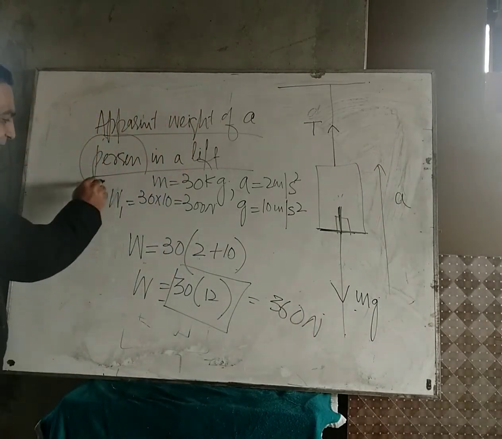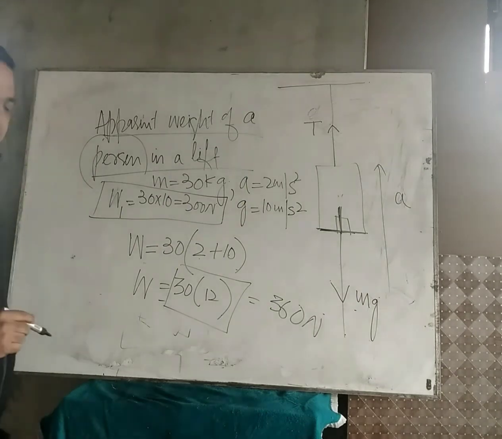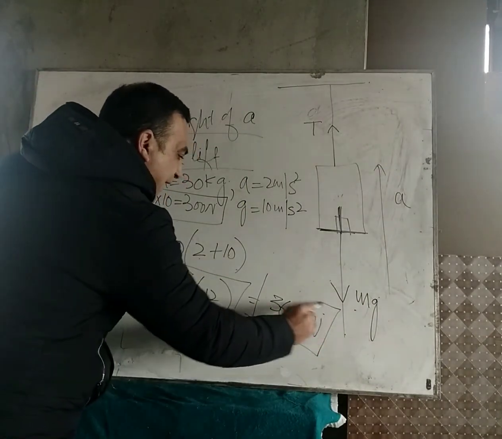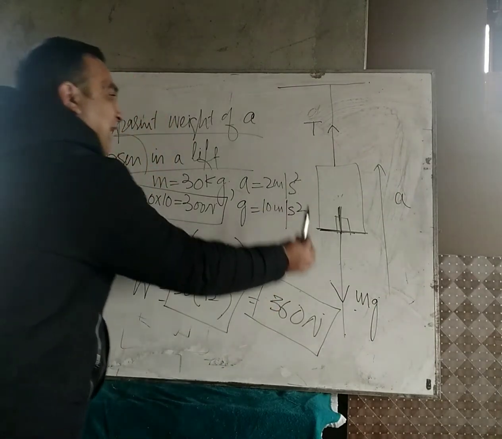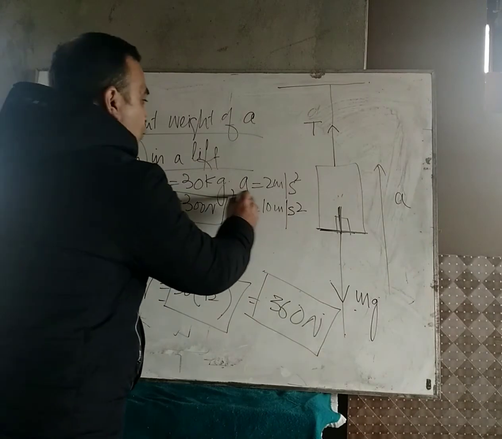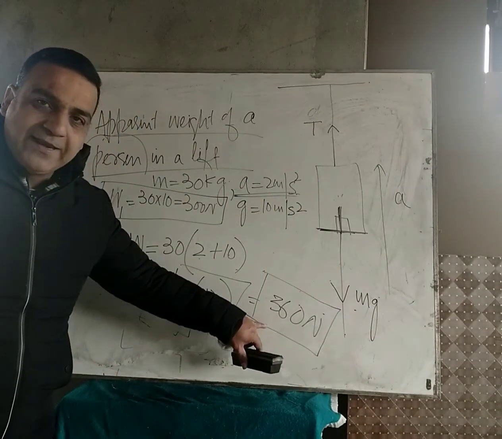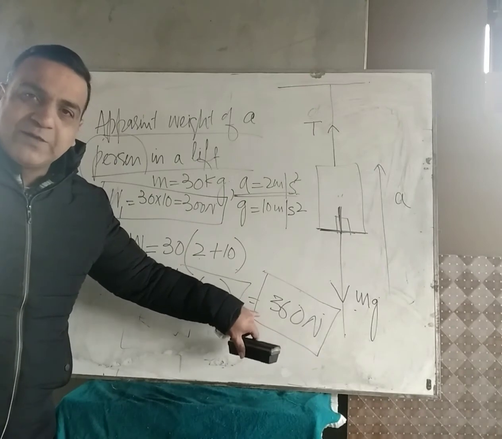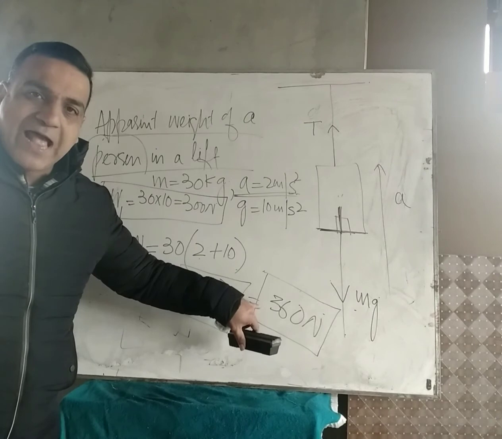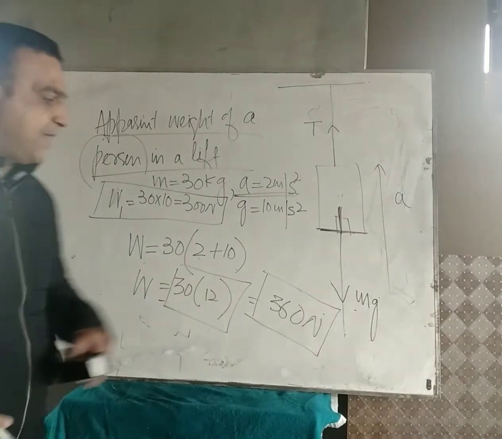So this is the original weight of the person on the ground, and this is the apparent weight that he has when the lift is going up with an acceleration of 2 meters per second square. So this value signifies that the apparent weight of this person increases when the lift goes up with an acceleration of 2 meters per second square.